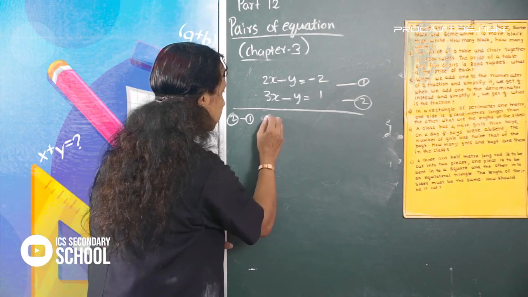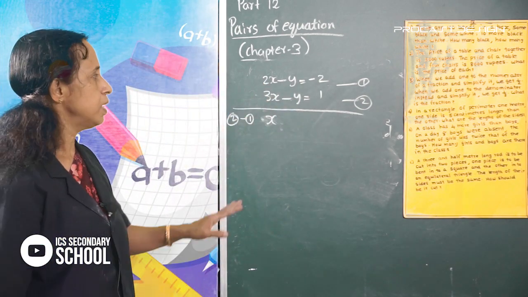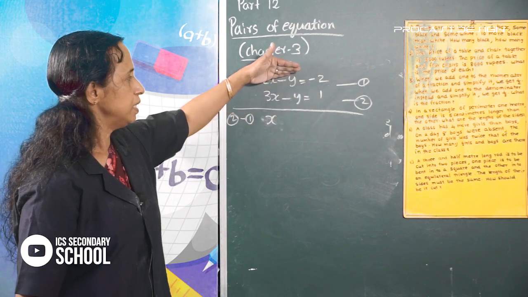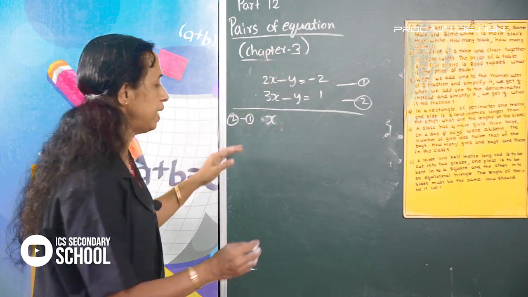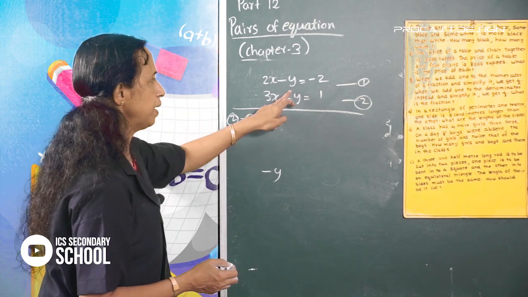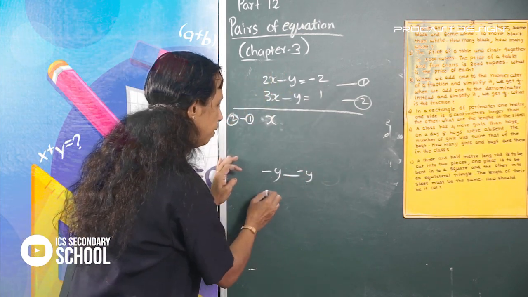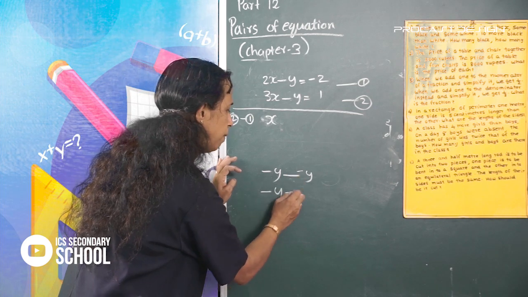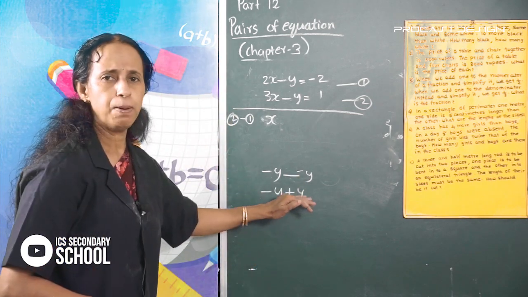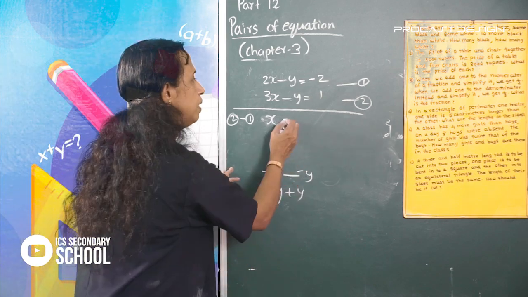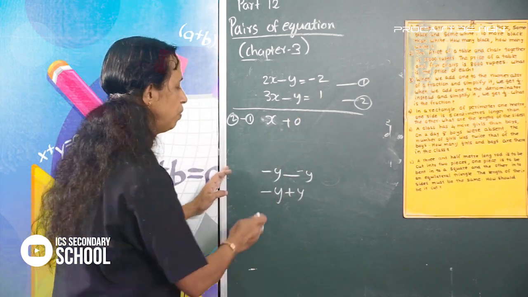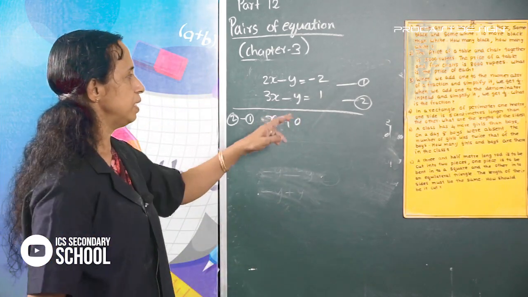Minus y, subtract minus y, so minus y plus y is equal to 0. So x plus 0.